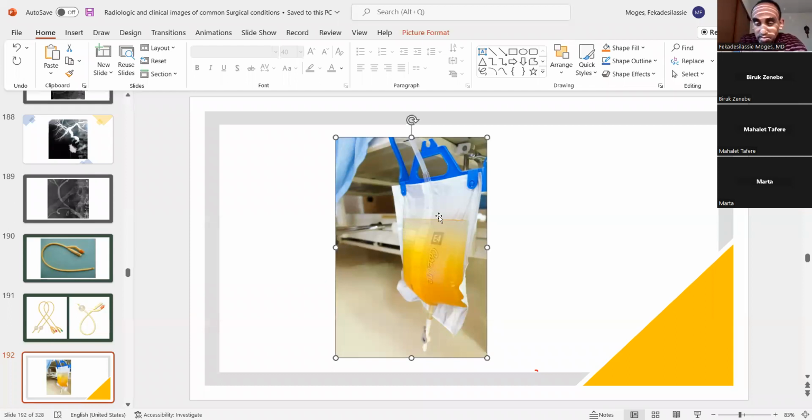The original purpose is to collect urine, but sometimes due to scarcity, people may connect it to an abdominal drainage tube. Then it's not urine, rather it's abdominal fluid coming out. You know what I mean? So sometimes people may modify the purpose. That's why I asked you what it is containing.